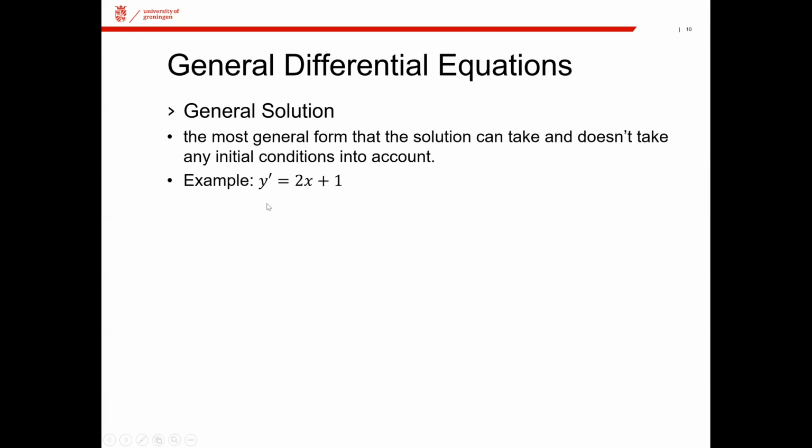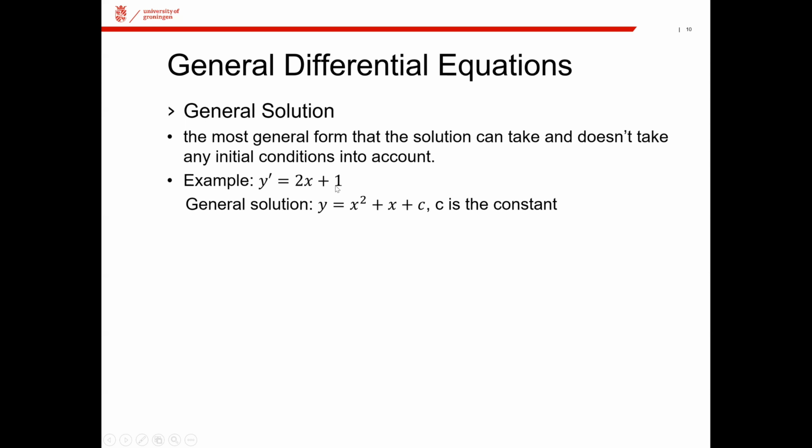For example, here, this equation y prime equals x plus 1. So the general solution is y equals x squared plus x plus c, and c is a constant. So basically, c can be any number. And we plug the solution back into the equation here. So y prime equals 2x plus 1.